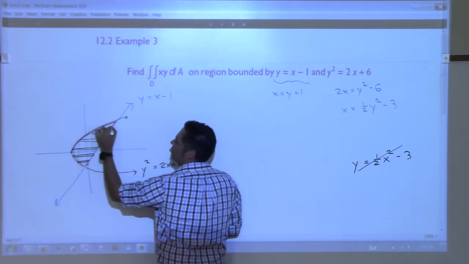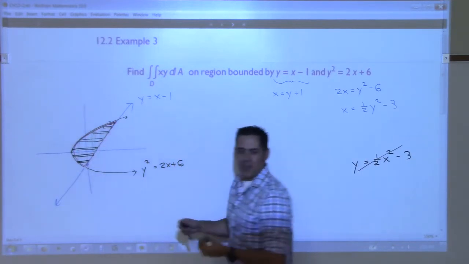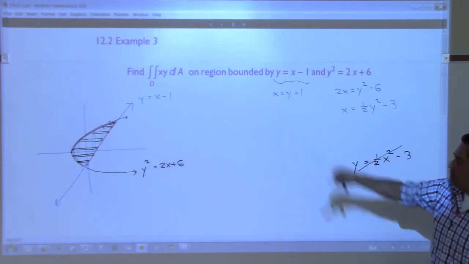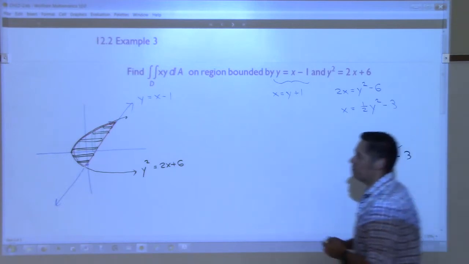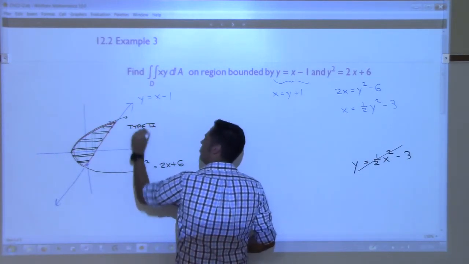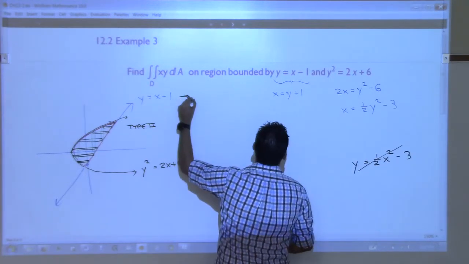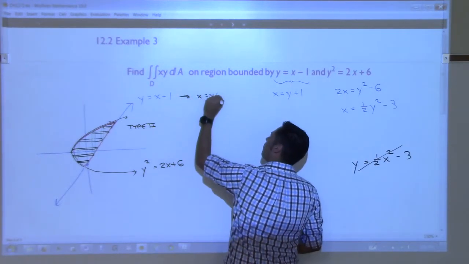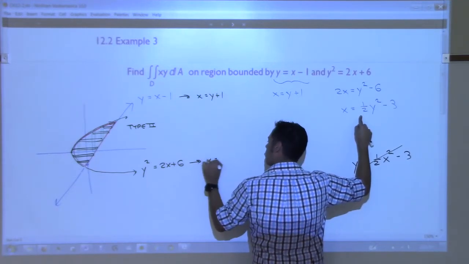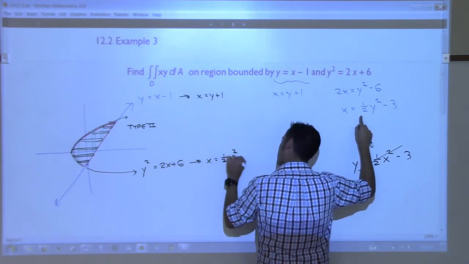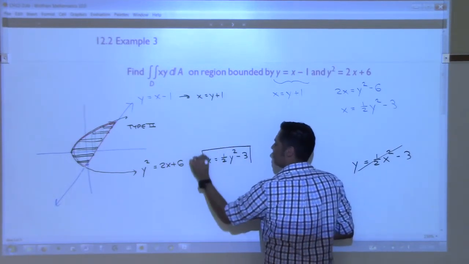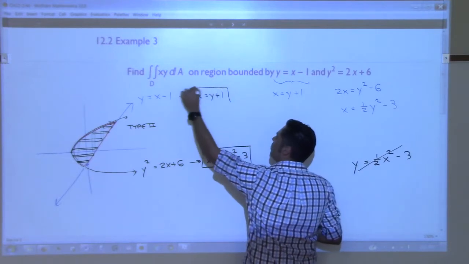Now, you don't want to have to sit here and draw these. You just want to be able to look at it at some point and just know. But do you all see that? Okay, so this is type 2. As soon as I know it's type 2, I need to switch these, solve for x. Right, so these right here are my two functions of what?